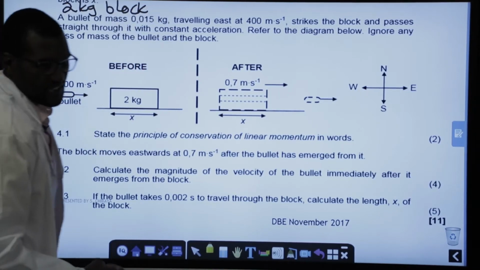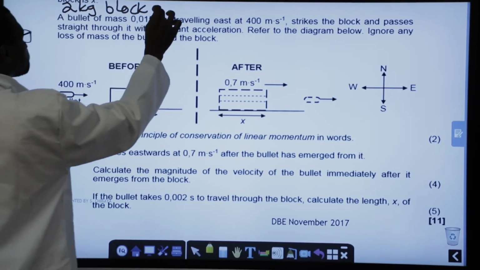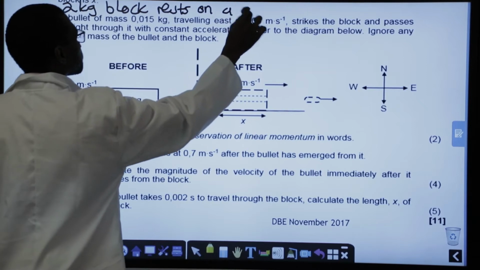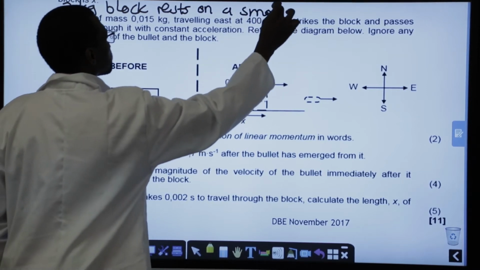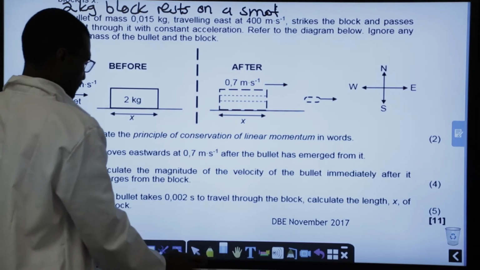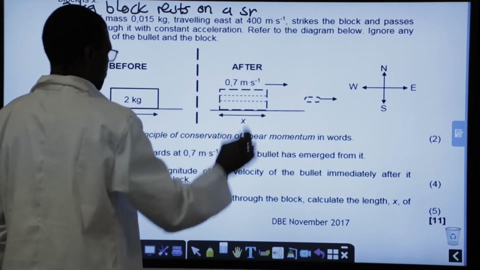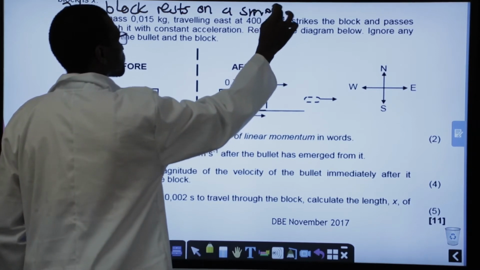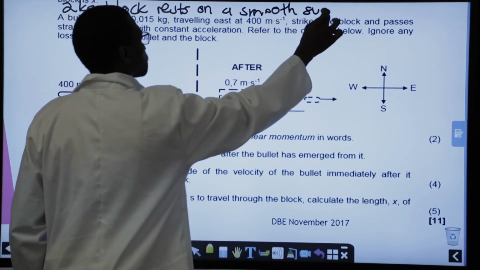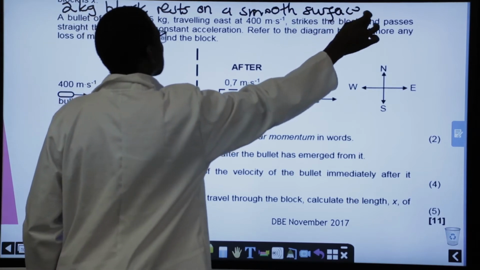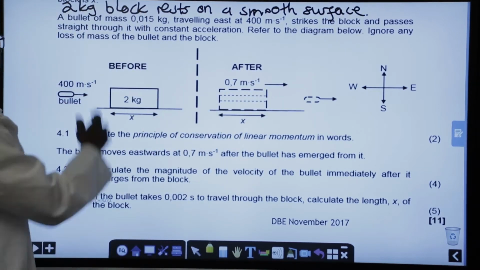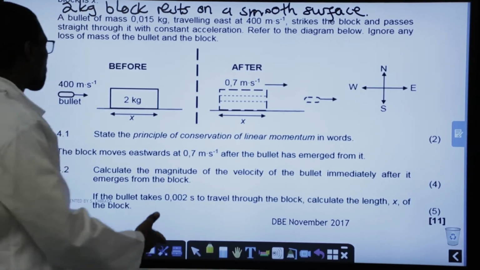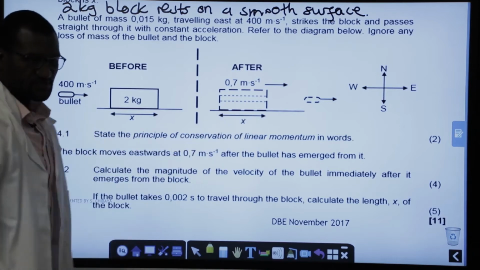It rests on a smooth surface, which means the surface is frictionless. And that block is called block X.